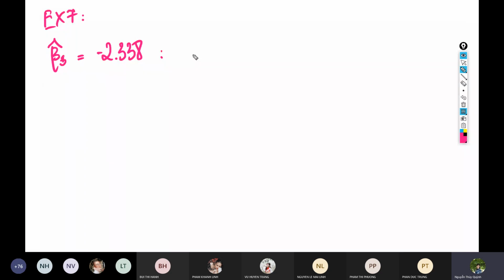We just have beta 3 times sex, which is the dummy variable. So the coefficient on the dummy variable here will tell you the difference in wage of the two categories.